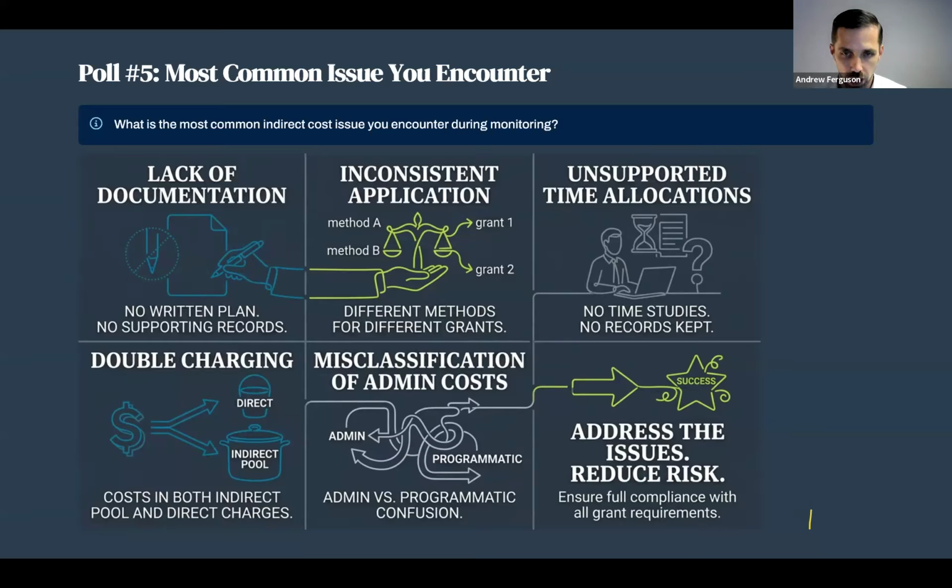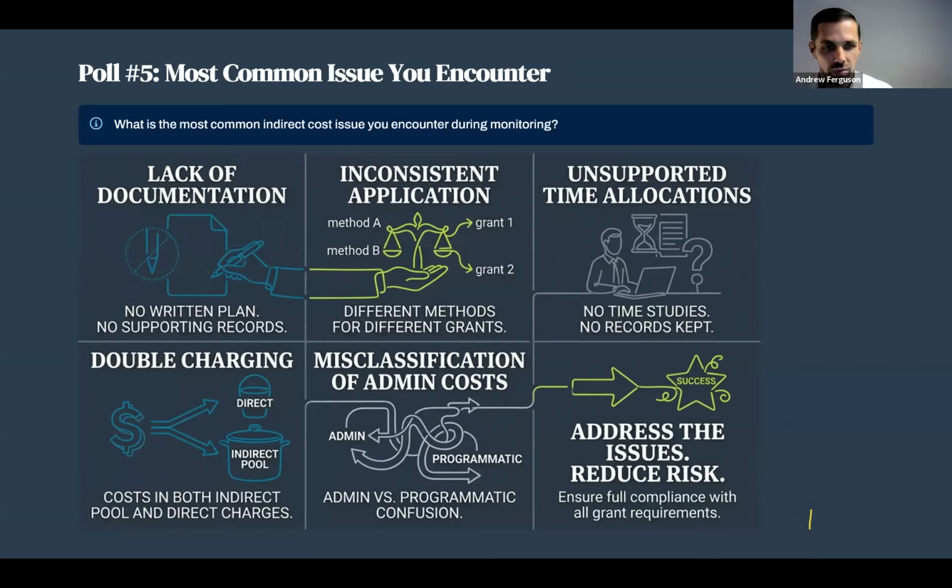But then when I try to actually follow through an expense, like, all right, you say this is how you allocate utilities across your programs, I compare the plan to the June 2025 utility bill and it doesn't exactly match. Then I start looking for more documentation and I can't find it. There's a lot of, well, you just have to take my word for it, or I know this is how we do it.